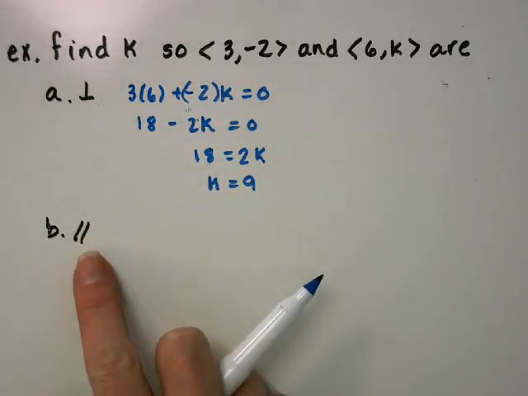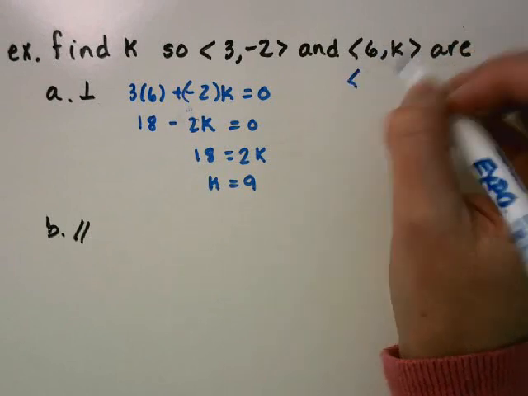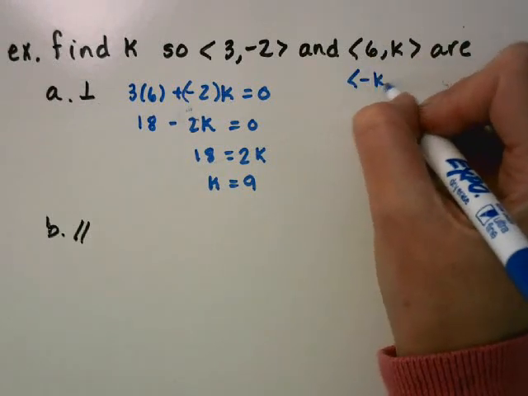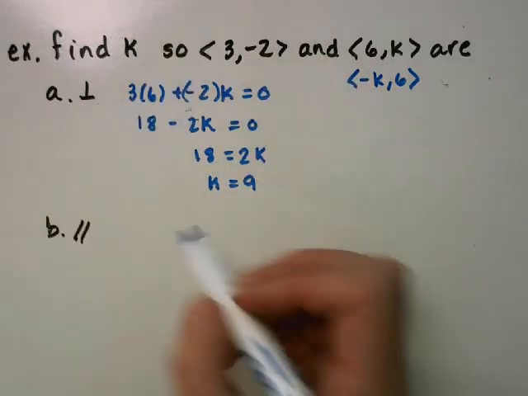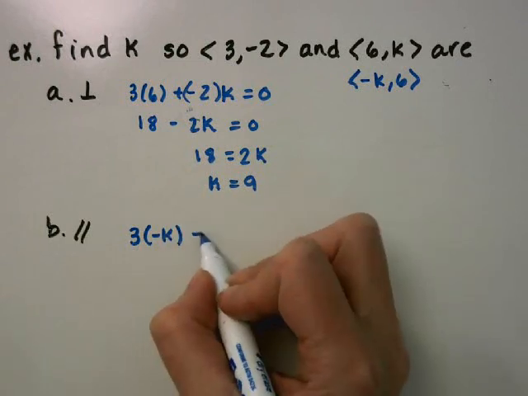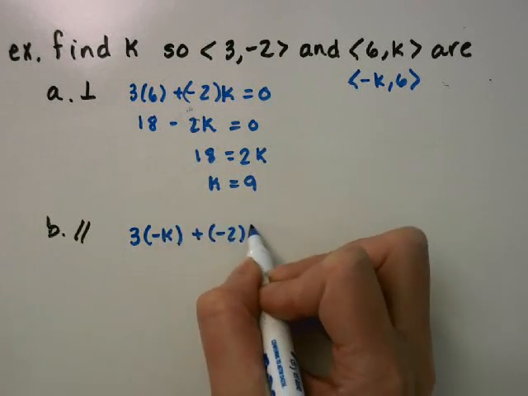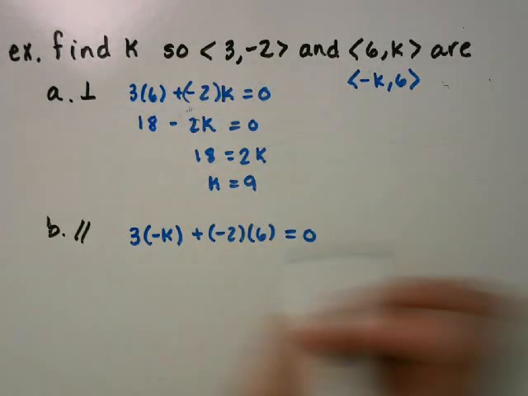Now we're going to do something similar with parallel. I'm going to turn one of these into a perpendicular one, and it doesn't matter which. I'll just do this one. I'll make this (-k, 6), or you could do (k, -6), or you could switch this one, doesn't matter. So now we'll do 3 times -k plus -2 times 6, and set that equal to 0.